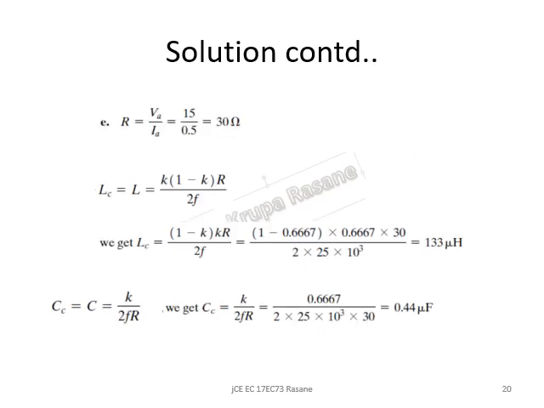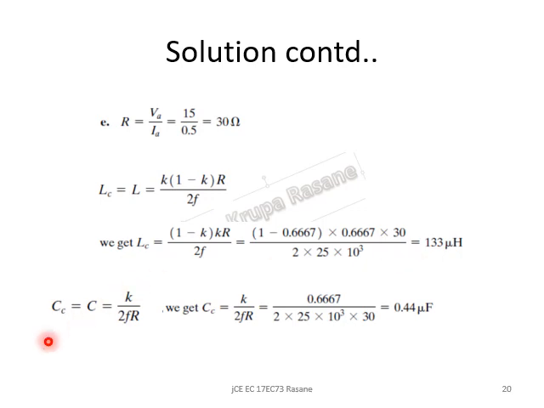Now we have to find the critical values. R is equal to Va by Ia, right? So I get R value as 30 ohms. And also the L equation we know is equal to K into 1 minus K into R upon 2F. So I substitute the values for Lc, right? And I know all the values, and I'll be getting it as 133 microhenry.